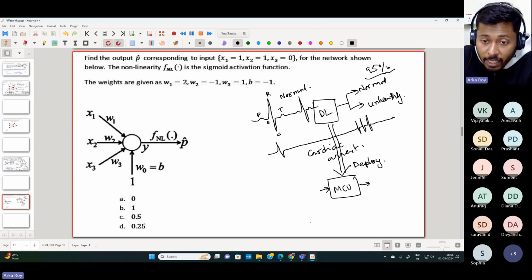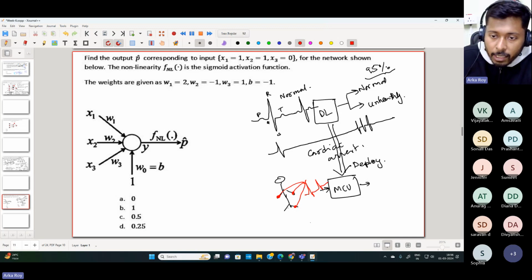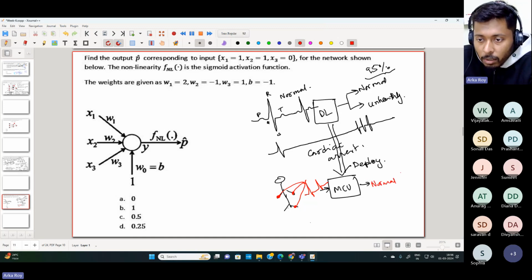And then in real time, you have a human over here, and you can collect the ECG signal from these three node points. So in real time, you will get signals like this. You can feed the signal and you can get the final output, let's say either normal or unhealthy.